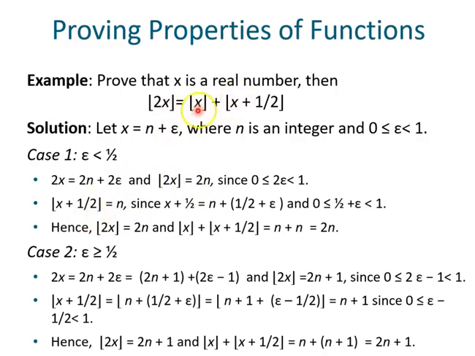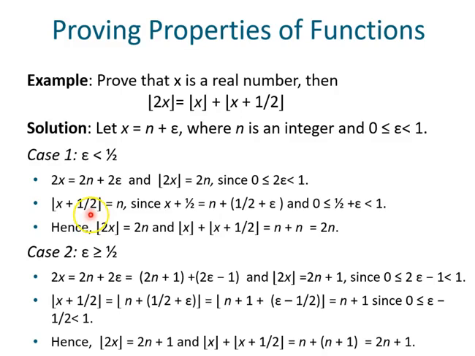What is the right-hand side? The floor of x plus 1/2 is n, since x plus 1/2 is equal to n plus 1/2 plus epsilon, and this number is between 0 and 1, strictly less than 1.